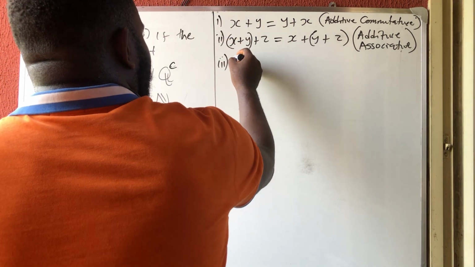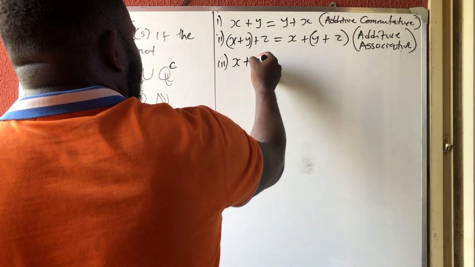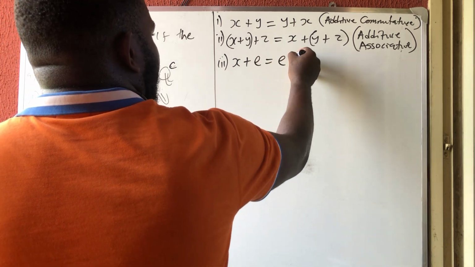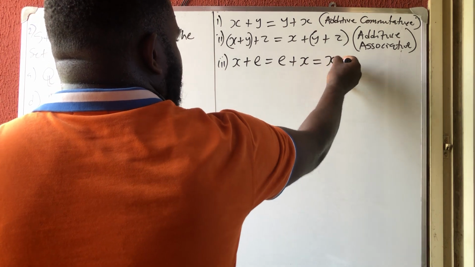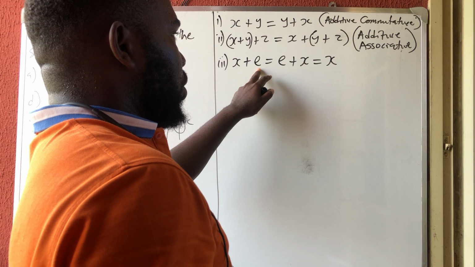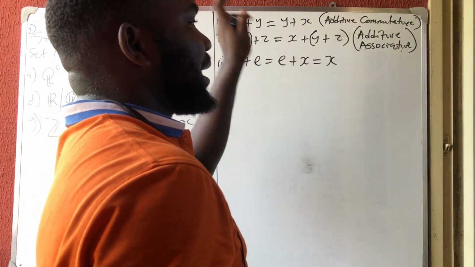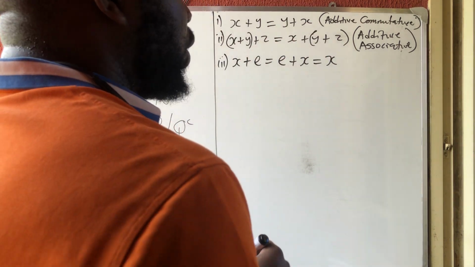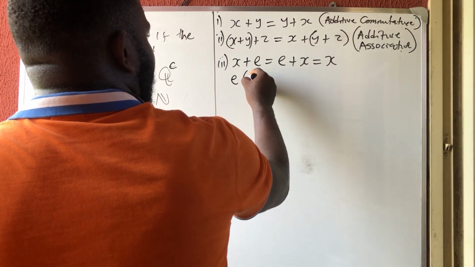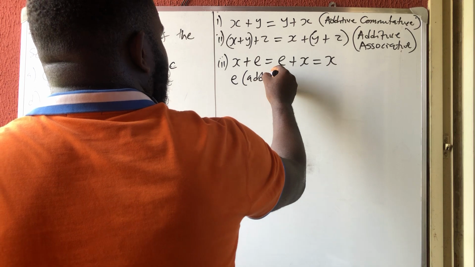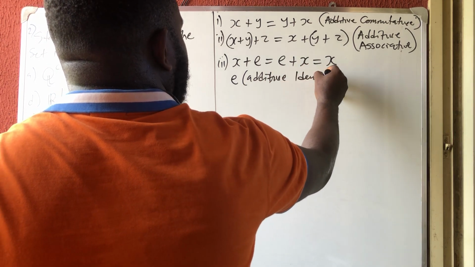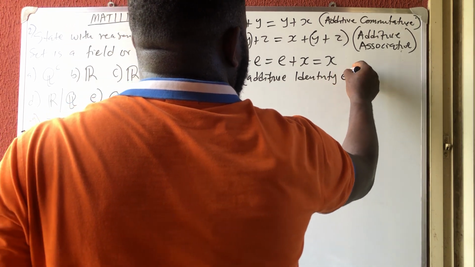It means for any element x, you add it with an element e, and you get back x itself. If x plus that element, or that element plus x, gives back x, then we call that element e an additive identity element.